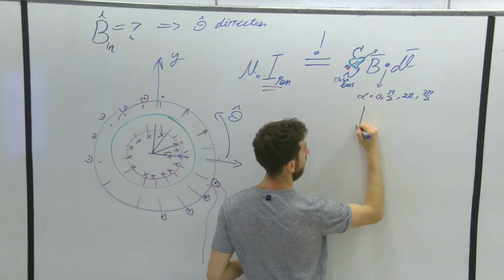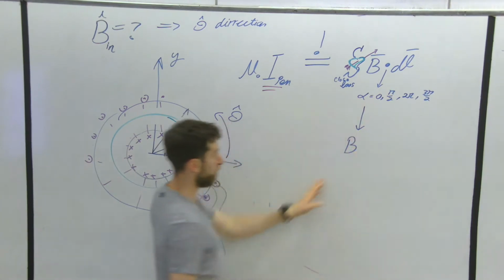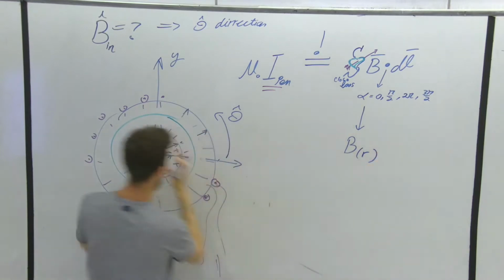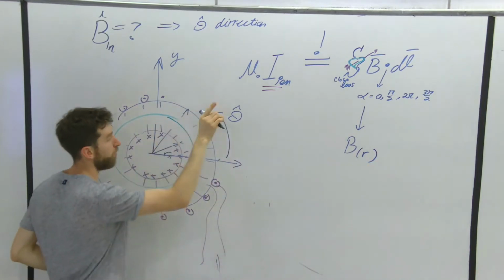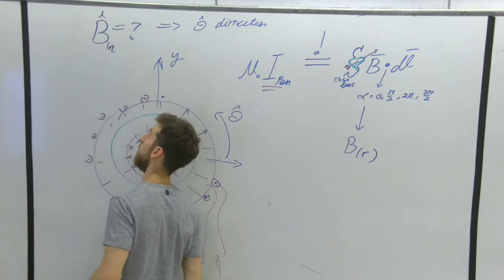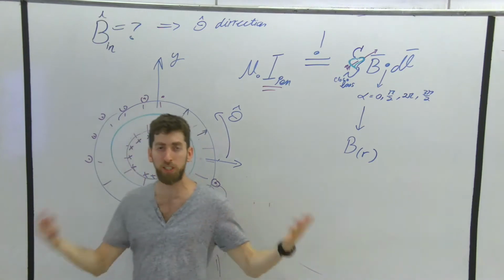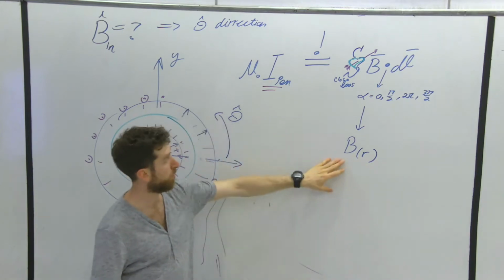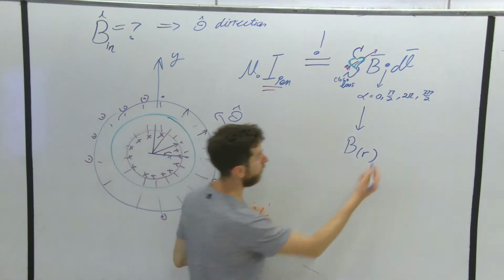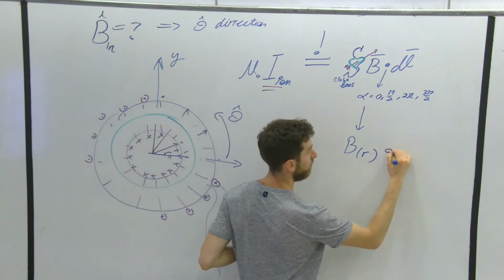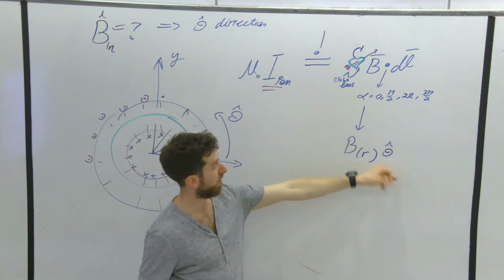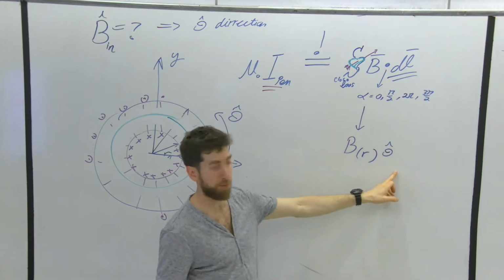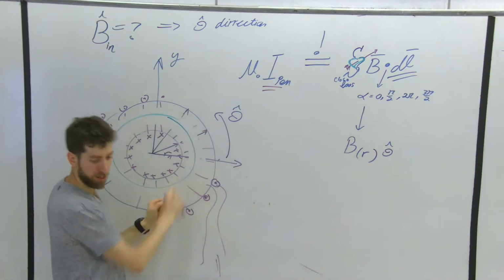So I actually can say that I don't know what B is, but from symmetry reasons, it must be a function of r. It's changing only with the distance, because if I look at this direction, or this direction, or this direction, the world is looking the same. So it must be a function of r, and I know that it's in the direction of theta. dL, the loop that I choose, is this circular thing, right?